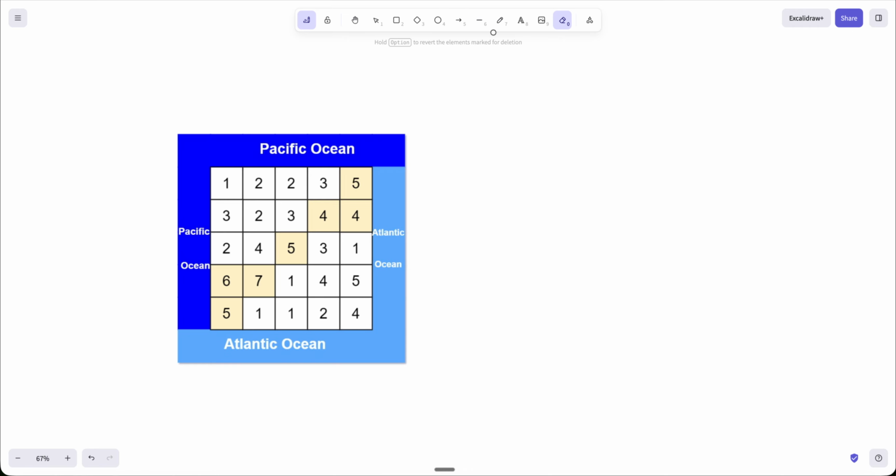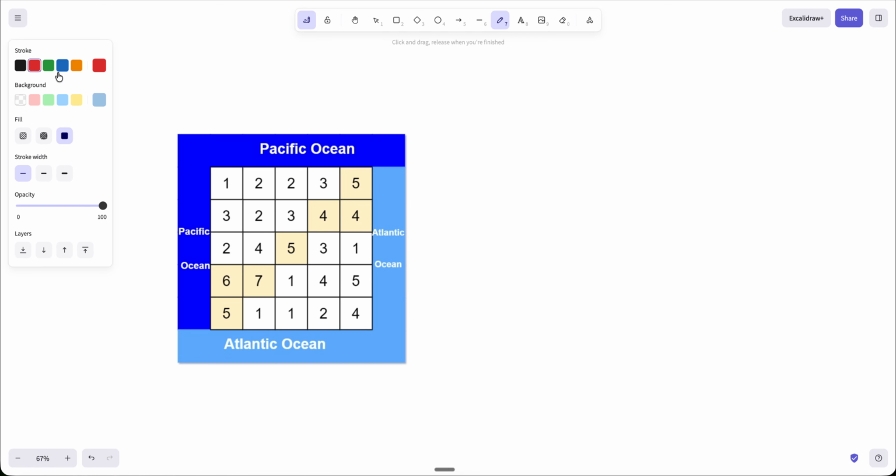Let's write a couple of things before we start. So at a particular cell, it can go in 4 directions. If this is R comma C, it can go to R plus 1 comma C, R minus 1 comma C, R comma C plus 1, and R comma C minus 1.